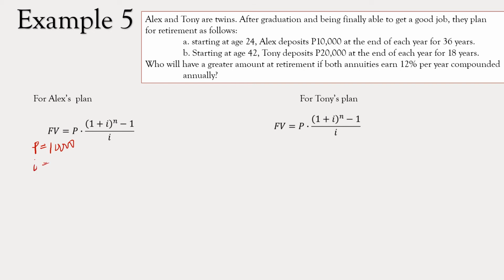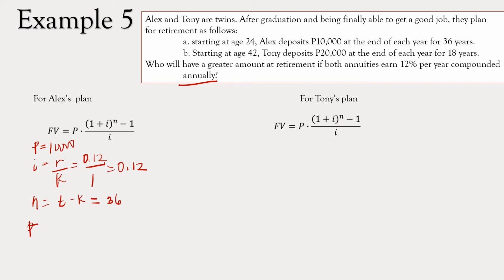And then I is equal to R over K. So this is 12%. So 0.12 over 1, compounded annually. So 0.12. Ang N natin ay T times K. So that is for 36 years. So 36 times 1. So 36.